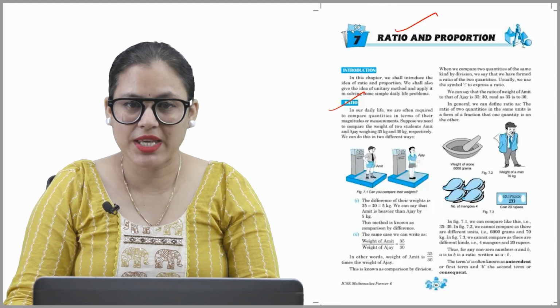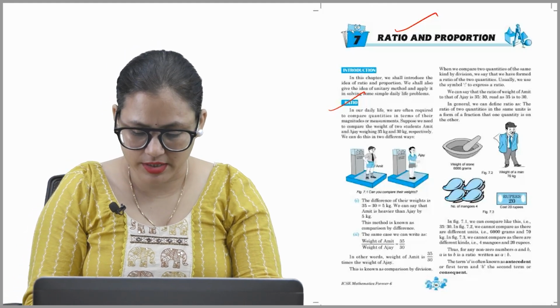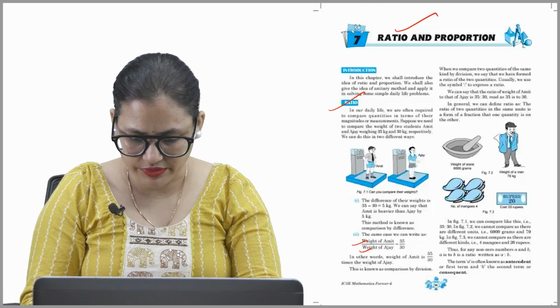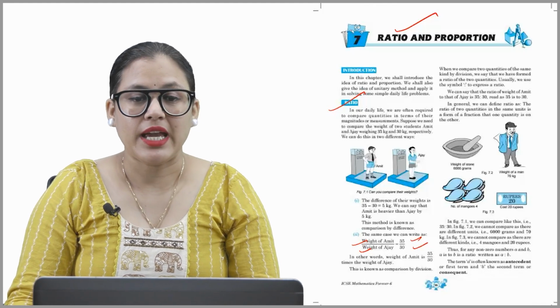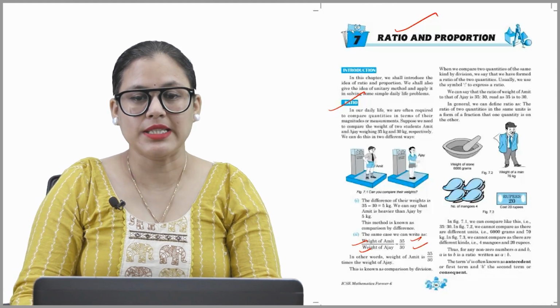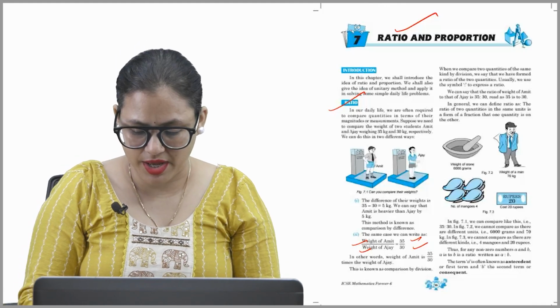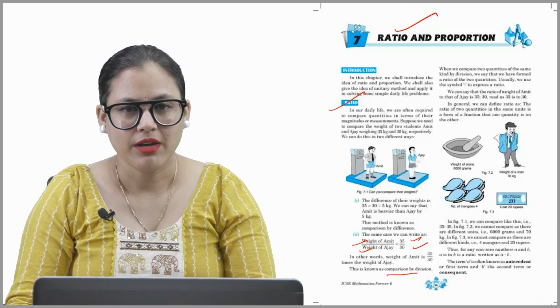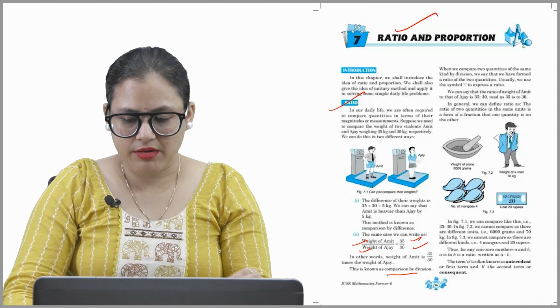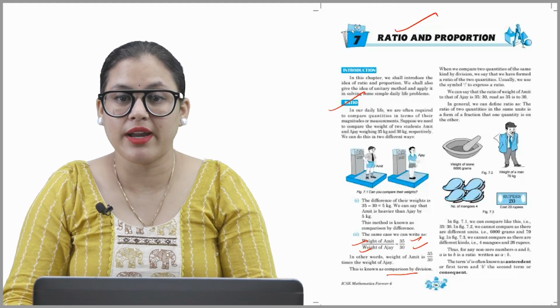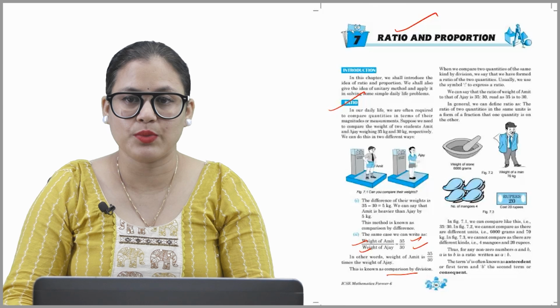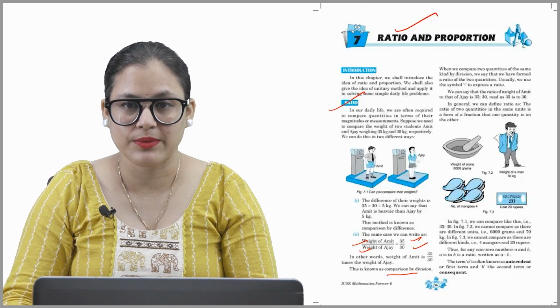Number two, the same case we can write as weight of Amit upon weight of Ajay, that is 35 upon 30. In other words, weight of Amit is 35 by 30 times the weight of Ajay. This is known as comparison by division. When we compare two quantities of the same kind by division, we say that we have formed a ratio of two quantities.